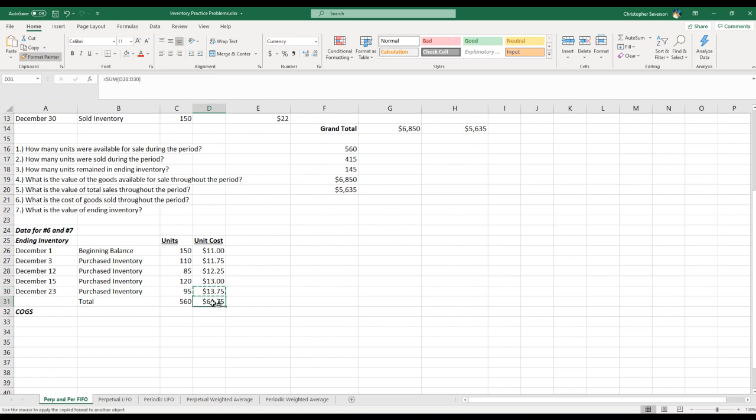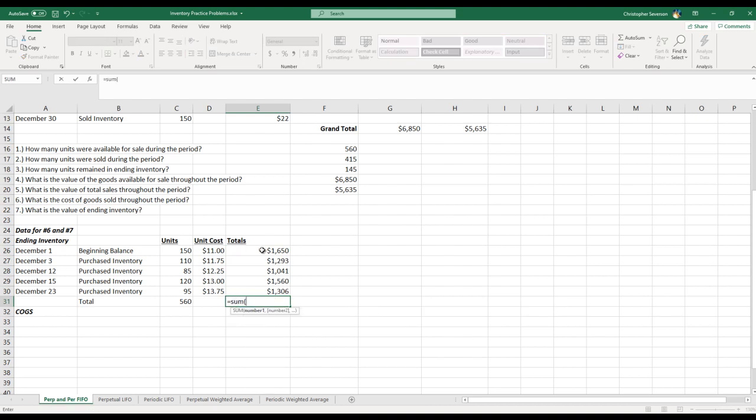Sorry, we need to get a total here. I didn't carry that formula down from up above. And I guess the proper term is product because we're multiplying. And then I can add those up. And we have $6,850 in inventory. That's what we came up with up above. So we're right where we need to be.